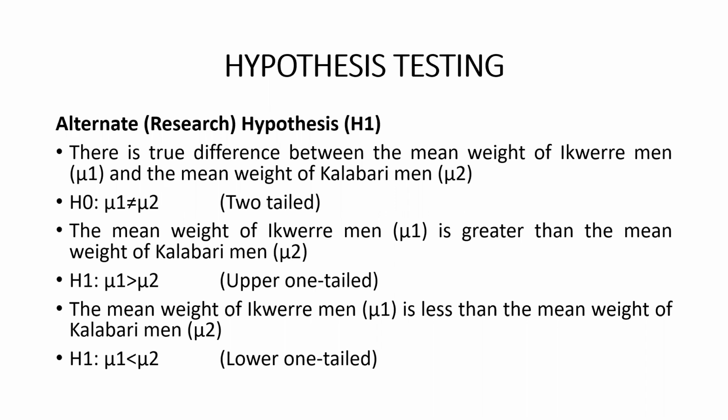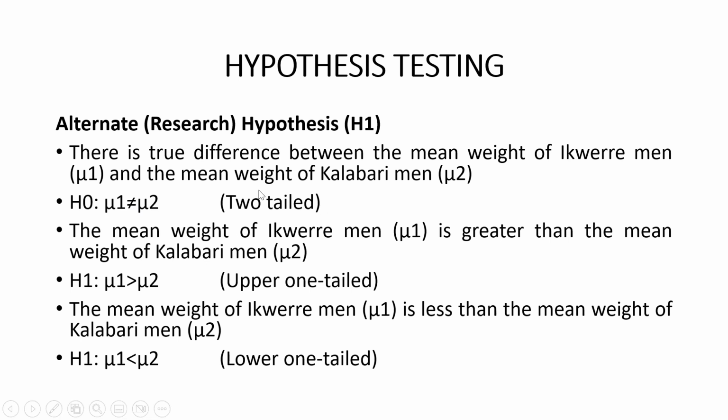So this is not H0, this is H1, please. The 0 is a mistake if you are following me. H1 is mu1 is not equal to mu2. There's a difference. They are not the same. So it says not equal sign. H1, mu1 is not equal to mu2.